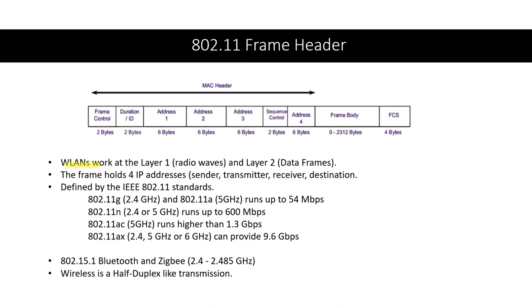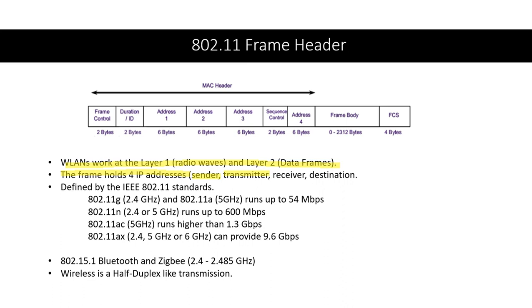Now, the 802.11 frame for wireless is a little bit different from the typical TCP/IP header, right? Remember that wireless LANs work at layer 1 with radio waves, and layer 2 in your data frames. The header holds 4 addresses.